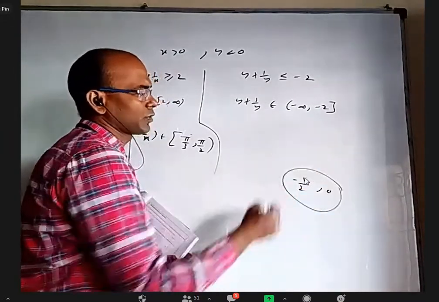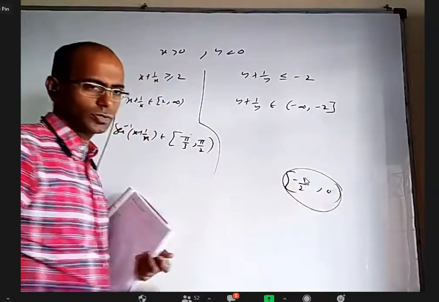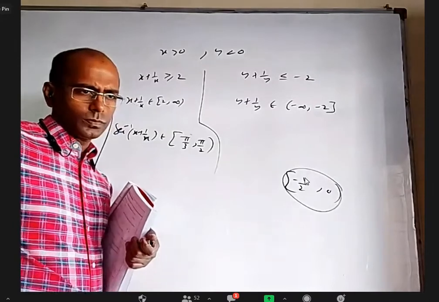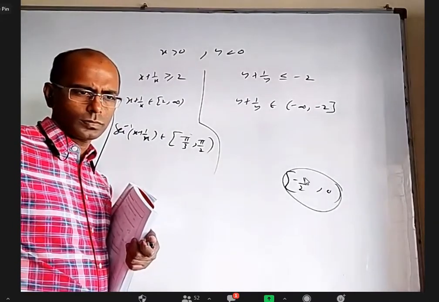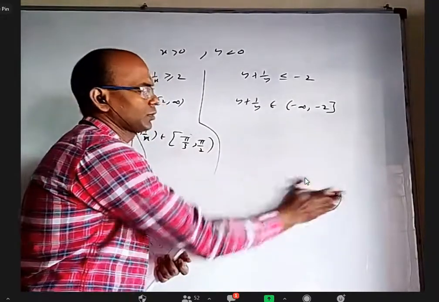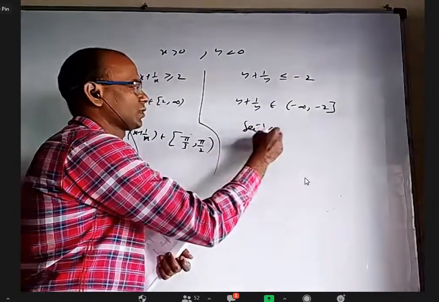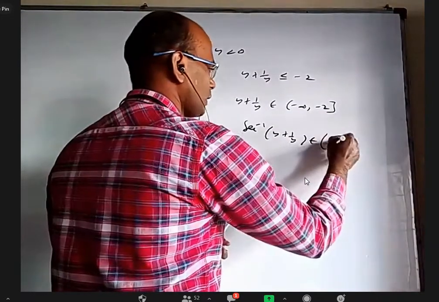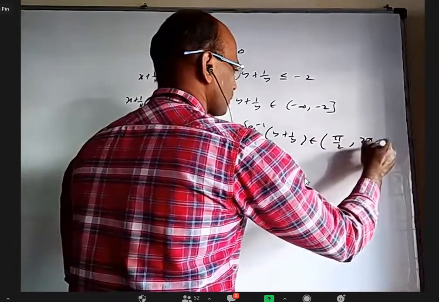When will cos values be between minus 1 by 2 and 0? Pi by 2 to 2 pi by 3. Yes, 90 degrees to 120. So secant inverse of y plus 1 by y belongs to open pi by 2 to 2 pi by 3.